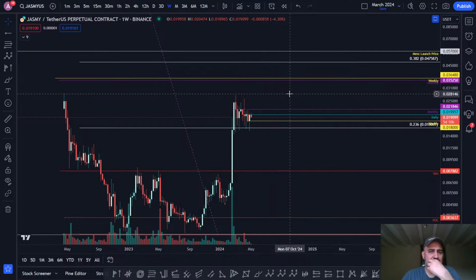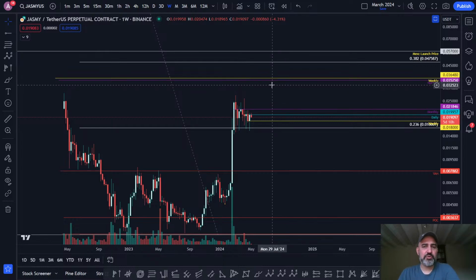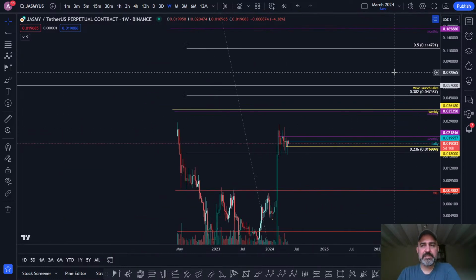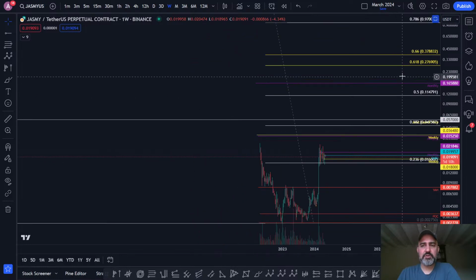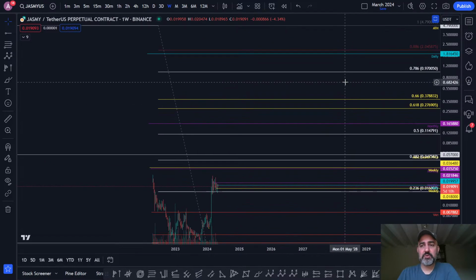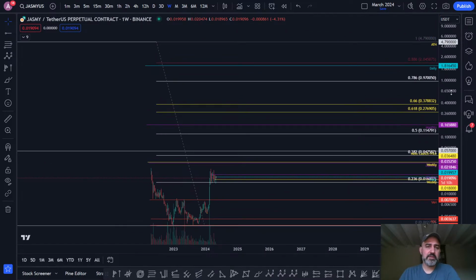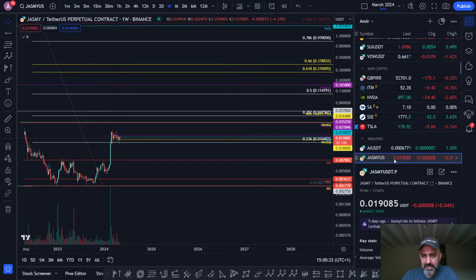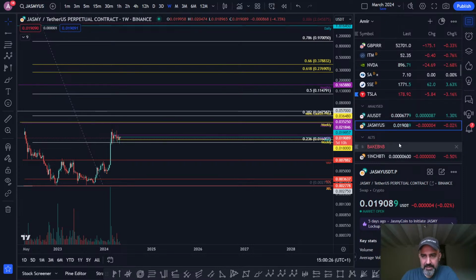And it doesn't have to be a crazy short. The price never goes up in straight lines, and so these levels are usually where the price will react, with the ones that I've marked. Okay. And that's basically JASMY. I can have a look at it again in the future if you remind me. And I've got it here now on my analyzed list.